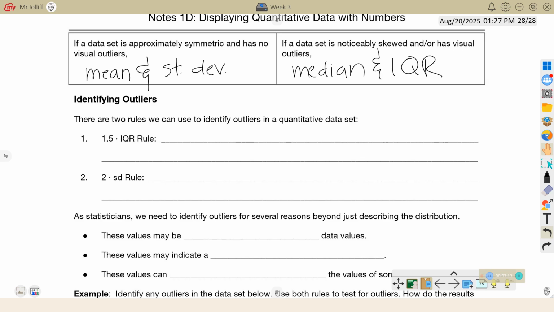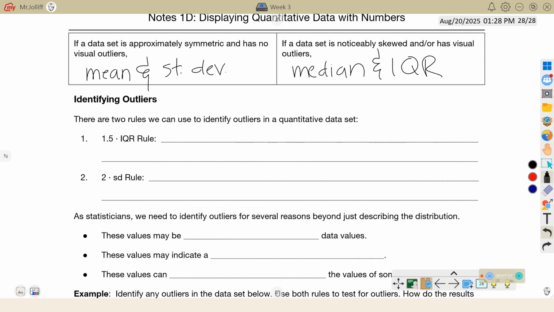So we have two tests for outliers. The IQR rule should go with the median and IQR, the skewed guys, because those values tie in together. The 2SD rule, SD is standard deviation, that should go with the symmetric guys. They tie in together. So you choose your outlier test based on where you are.